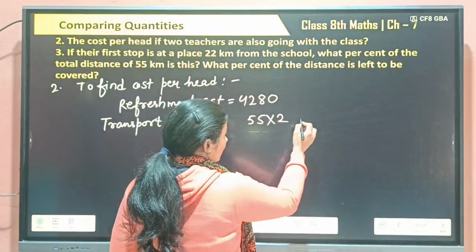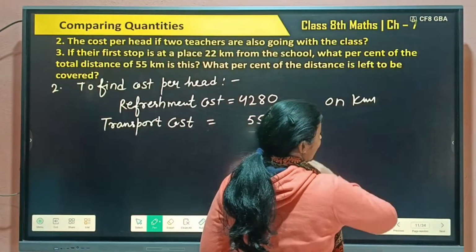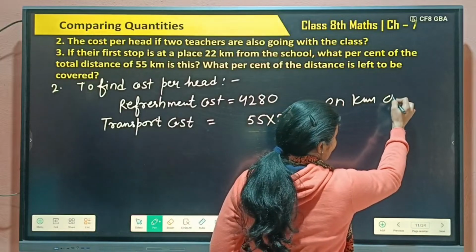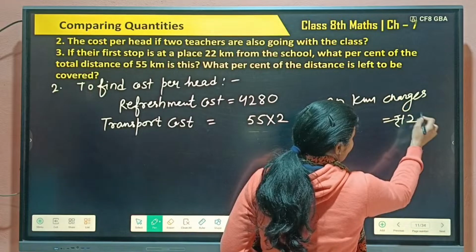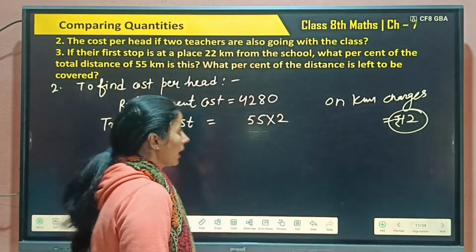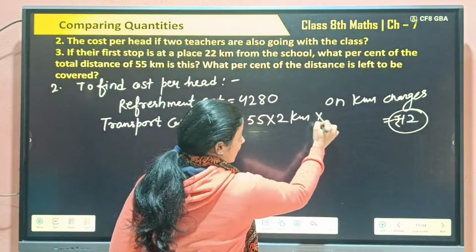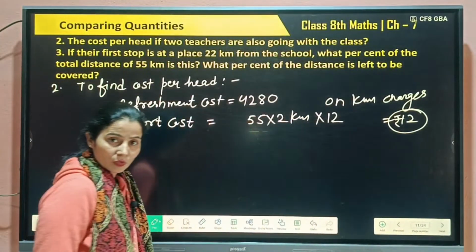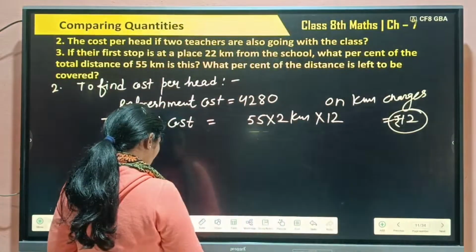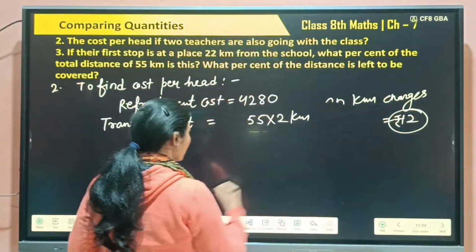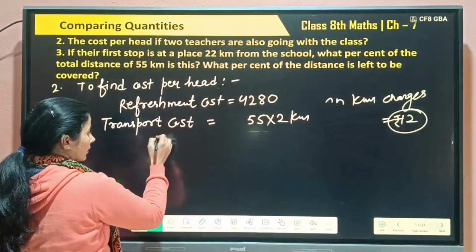And on 1 kilometer, charges are rupees 12, and on this distance, what will be charges? You have to multiply it by 12. This will be the total distance. In the next line you can write what is transport cost.